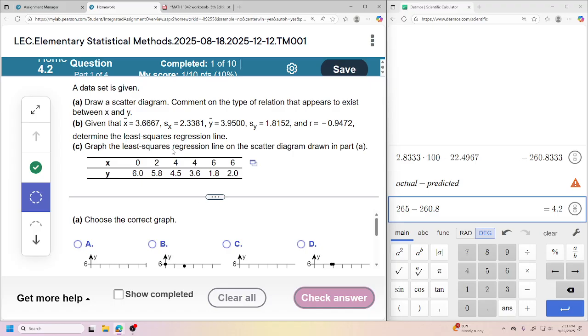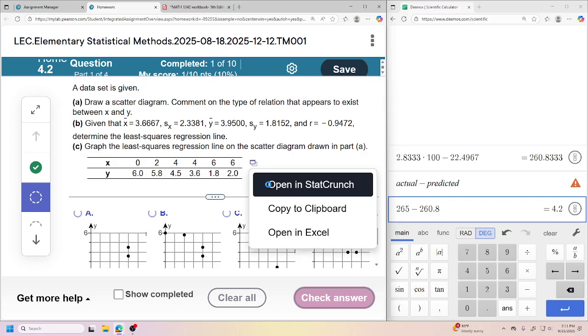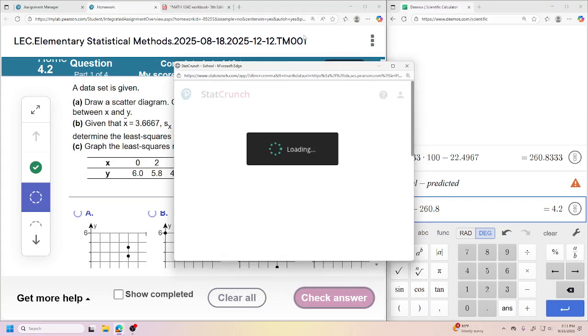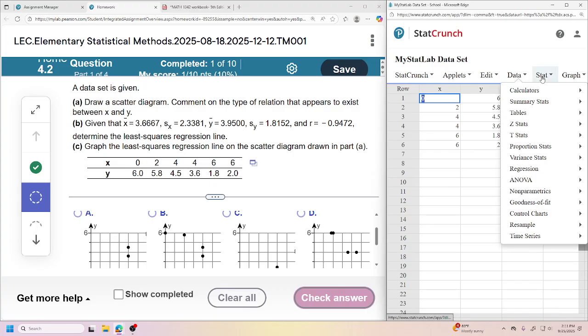All right. So they say, hey, given that, blah, blah, blah. No, we're not doing that. I'm just telling you straight up, that's like the worst thing ever. StatCrunch, because it says, which is the graph? So let's do this thing. Stat.